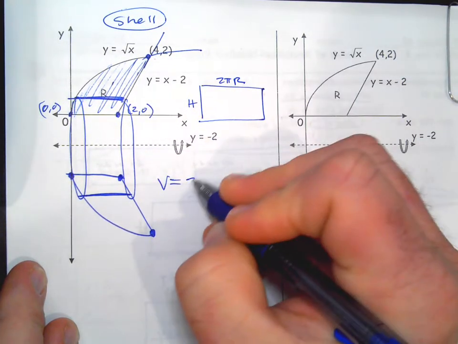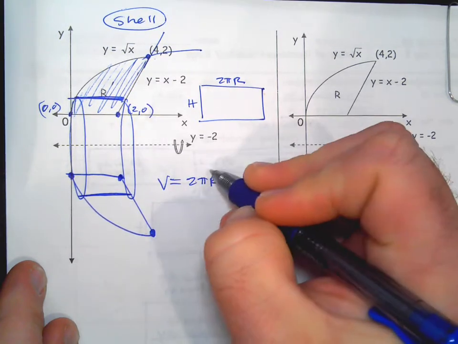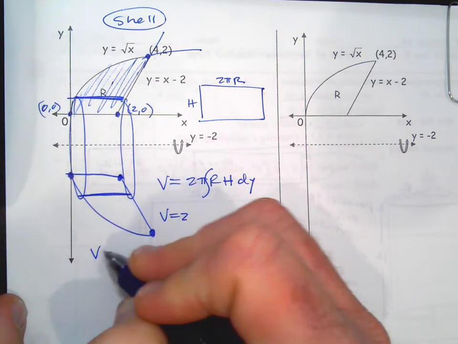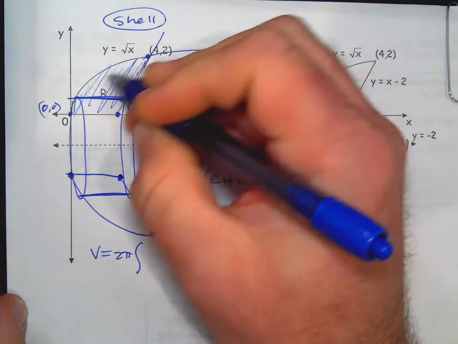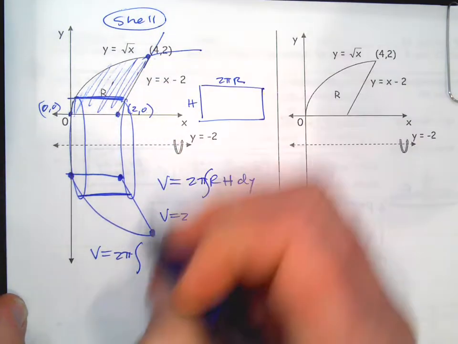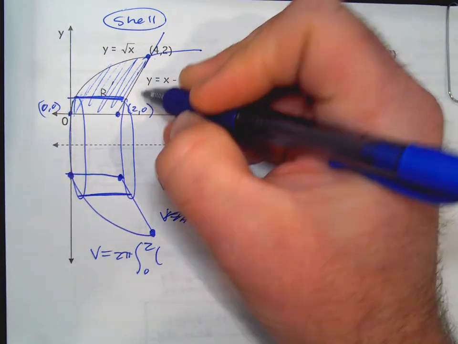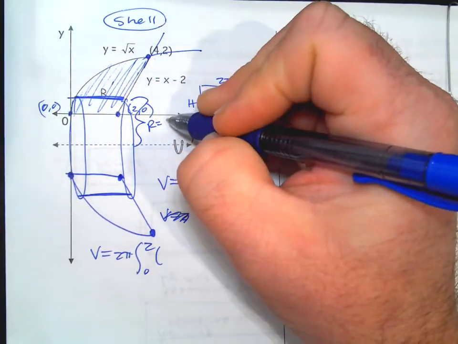So it's 2 pi r h. And the thickness is going to be dy this time, because they're horizontal slices. The limits, I'm going to write down here, are going to be in the y direction, always based off of this. So 0 to 2. That's it. The radius is going to just involve x or y plus or minus a number, possibly.